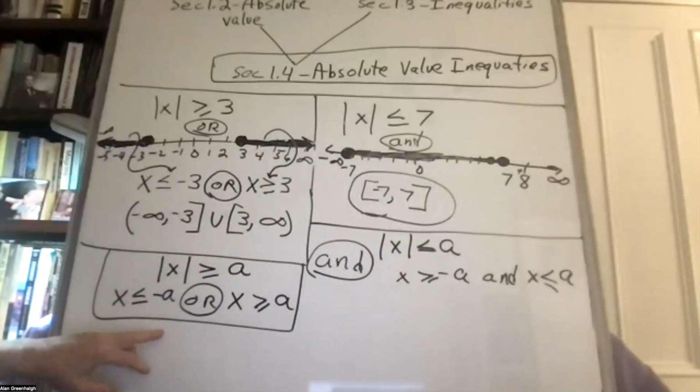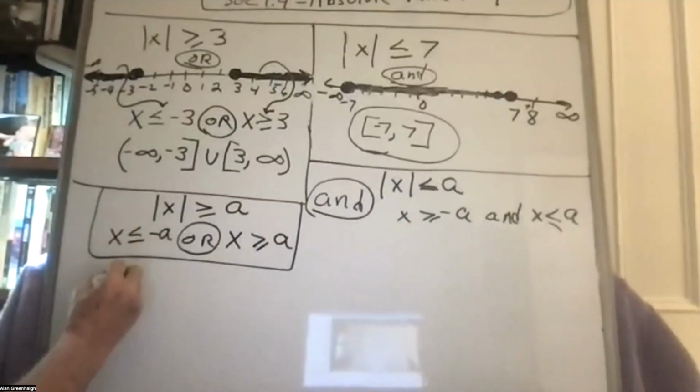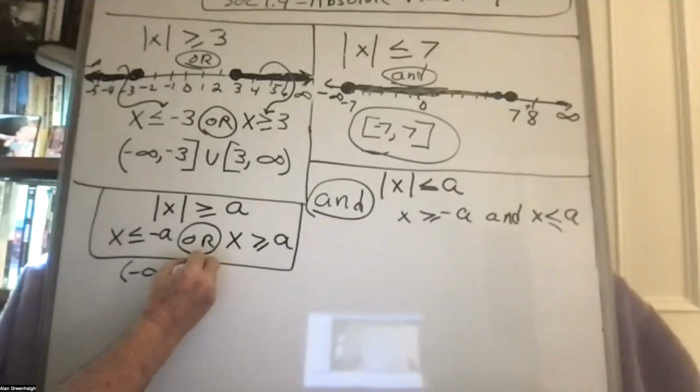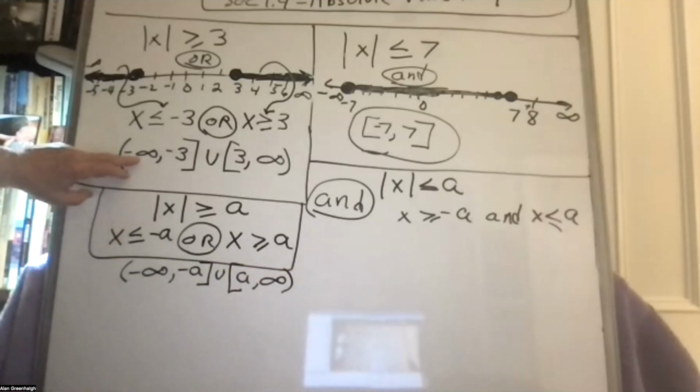And we could even go further and express this in interval notation to state that this is going to be negative infinity to negative a, and let's use brackets, or from a to infinity. And that's what we had right up here.